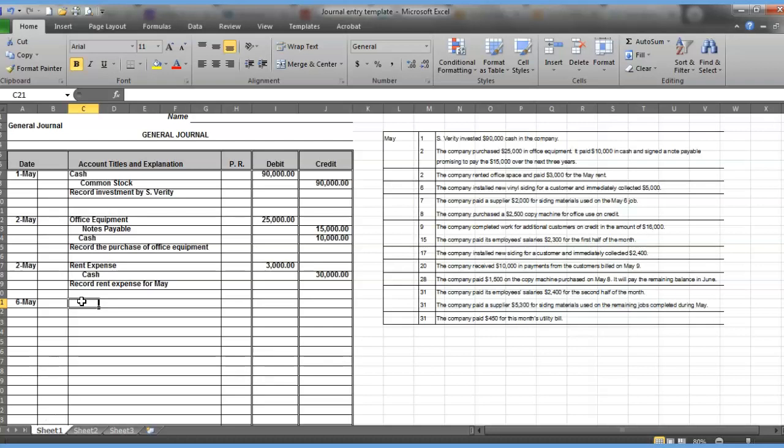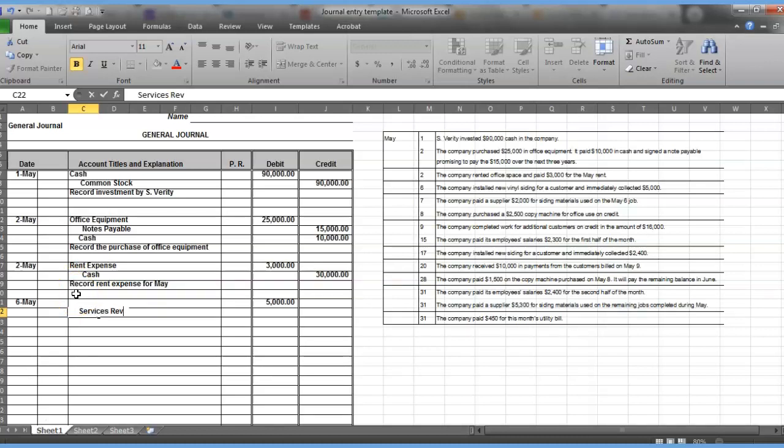But then here you have to also consider, how did you get that money? Did you bill them for it to be paid to you later, or did you actually get money in cash? And it said immediately you collected $5,000. So we have to assume that our cash is going up because our client has paid for services that we rendered to them. And we're going to say services revenue.